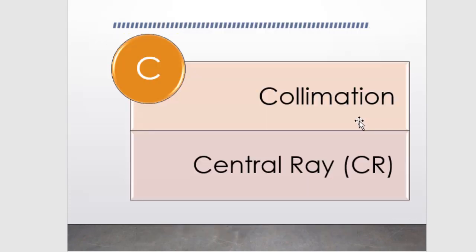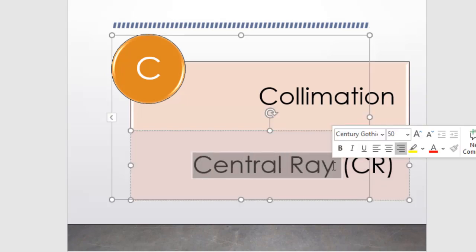Now we move to the third one, which is collimation, C, also central ray placement. In this part, we will check how the collimation was given, how many sides of collimation were given. Based on that collimation, we can determine the placement of the CR. Please keep in mind that the CR we are referring to here is the one from the positioning part, IP1.